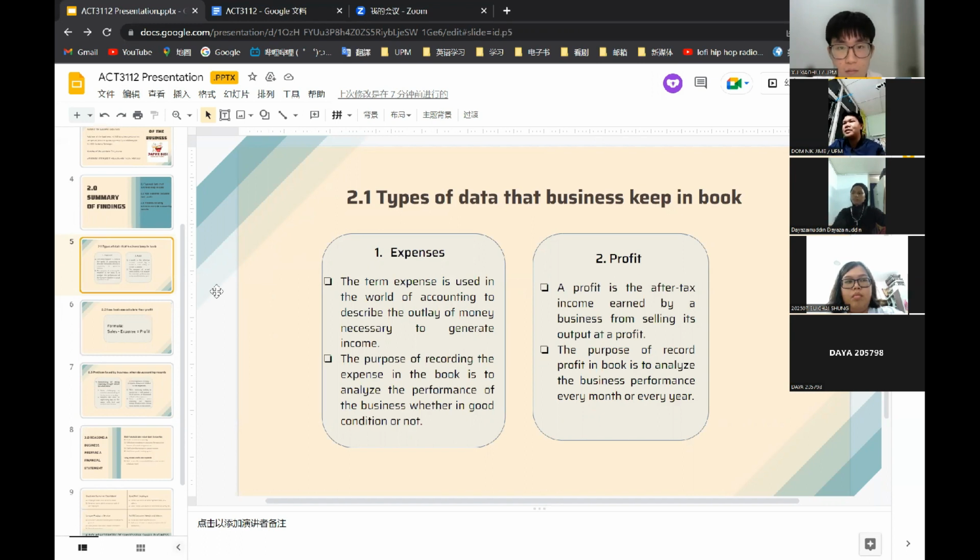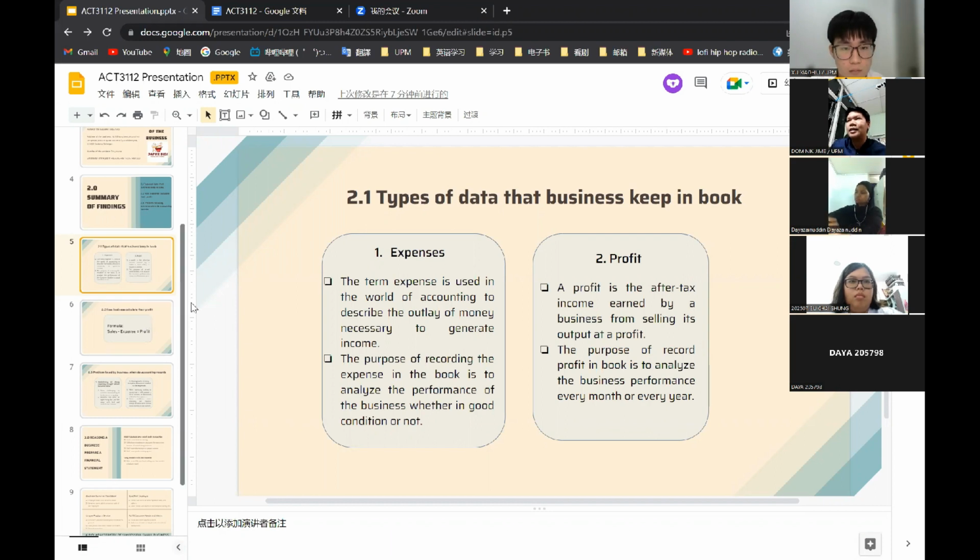When money leaves your wallet in exchange for goods or services, this is called a transaction. The term expenses can also refer to the sum total of activities that do not typically result in a profit. The purpose of recording expenses in the book is to analyze the performance of the business, whether it is in good condition or not.